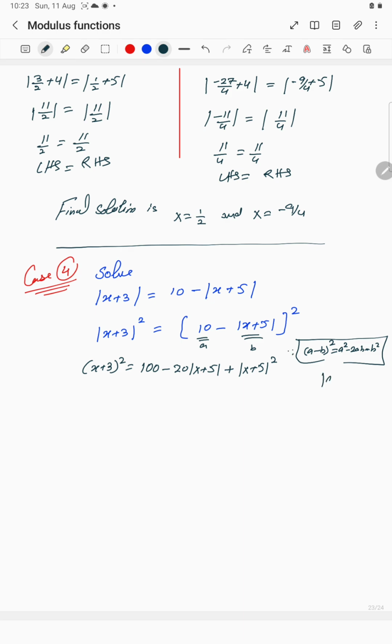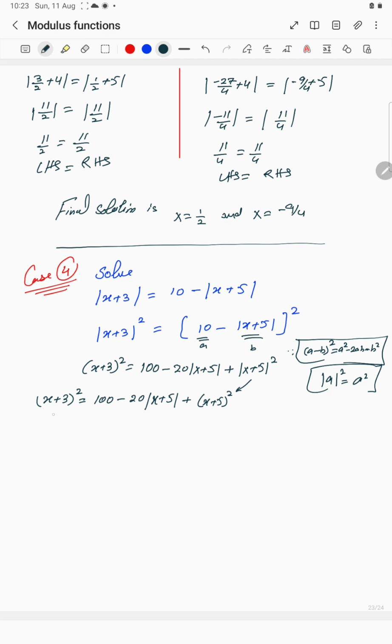We know that the mod of a square is equal to the square of the function without mod. Okay, we are applying that here. So (x + 3) whole square equals 100 minus 20 times |x + 5|, plus, and this can be written without mod as a whole square.